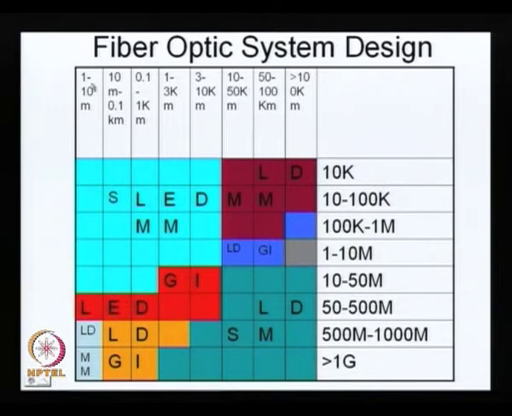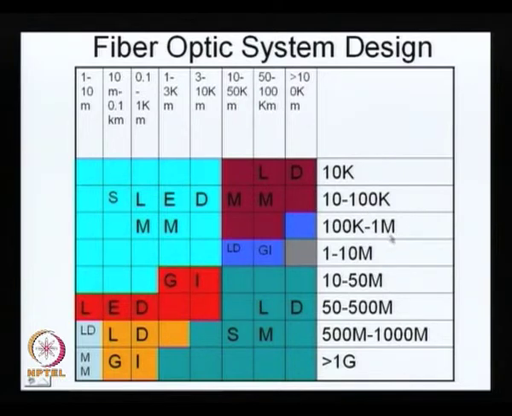So, what we have done, these are now the distances starting from very short distances. So, this is 1 to 10 meters, this 10 to 100 meters, 0.1 kilometer to 1 kilometer, 1 to 3 kilometers, 3 to 10 kilometers, 10 to 50 kilometers, 50 to 100 kilometers, and greater than about 100 kilometers.